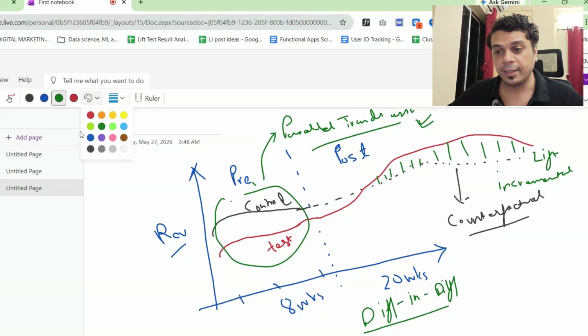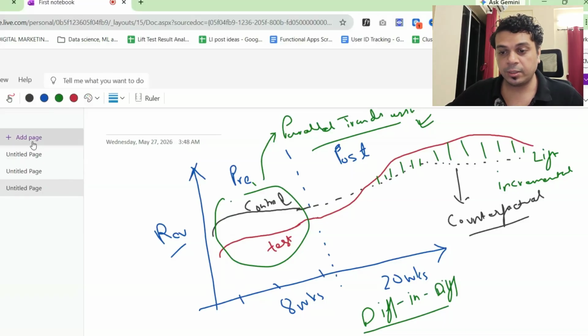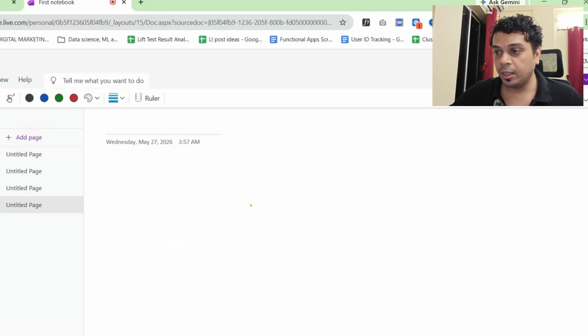But you hope you can understand that these two don't necessarily have to be like this. If I maybe choose another color here, let us just add a page. They don't have to follow this sort of a trajectory. They don't have to be at the exact same level, right?